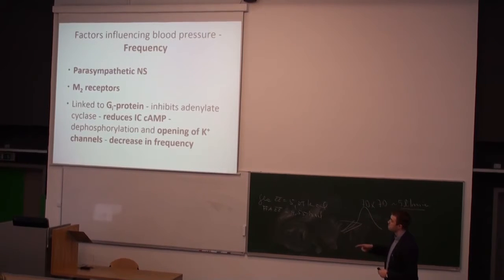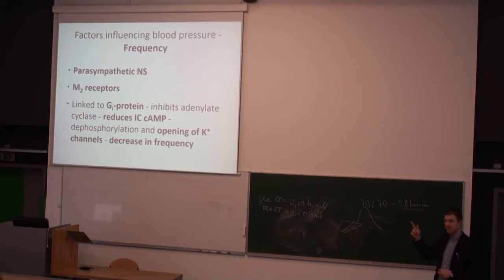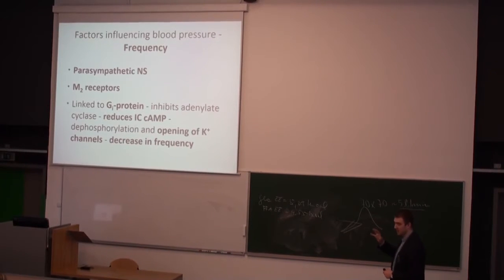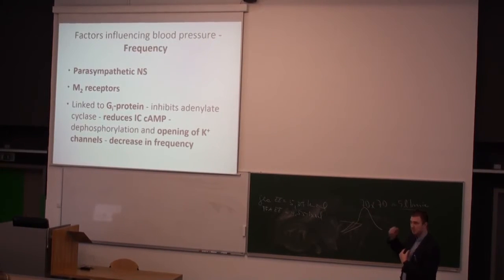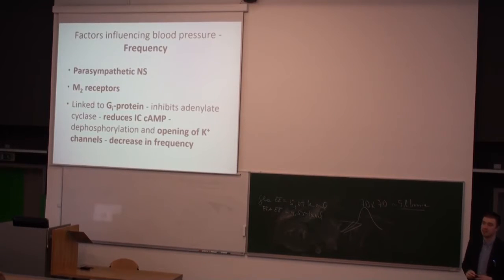Yes? If you have some highly intensive stimulation of parasympathetic nervous system, it can for some time stop the heart function. Yes? So you can have, we can say, cardiac arrest if you have very intense function of parasympathetic nervous system.